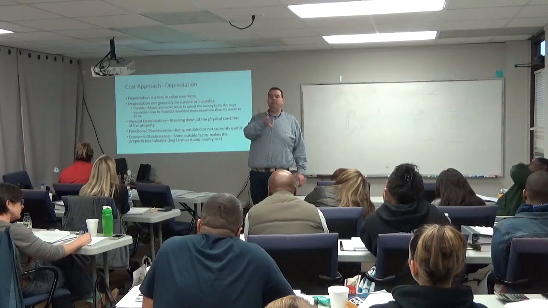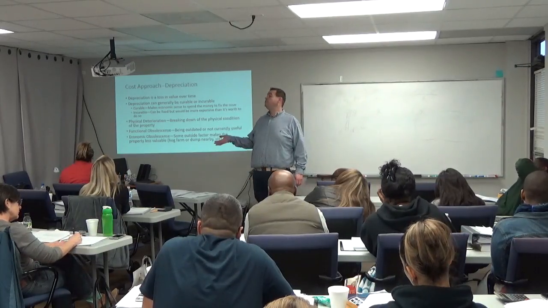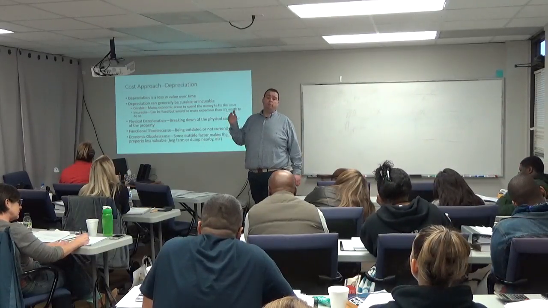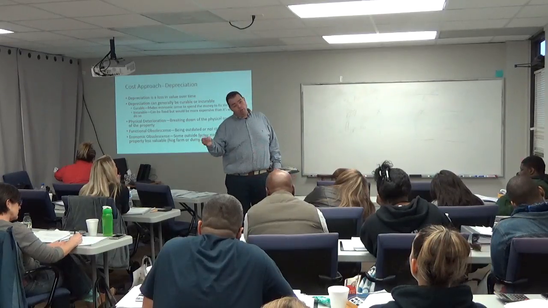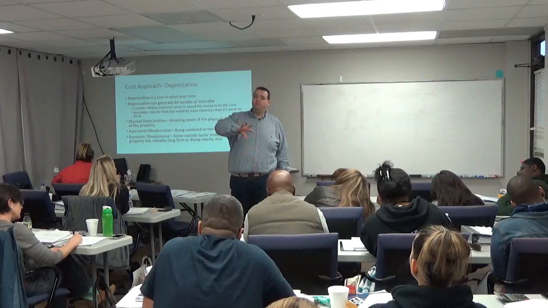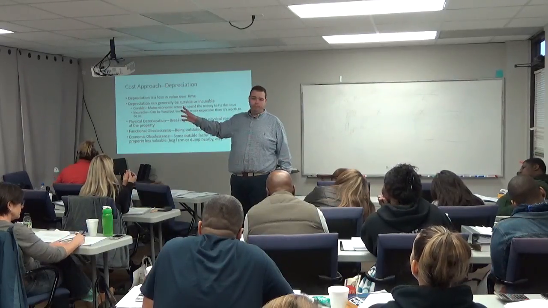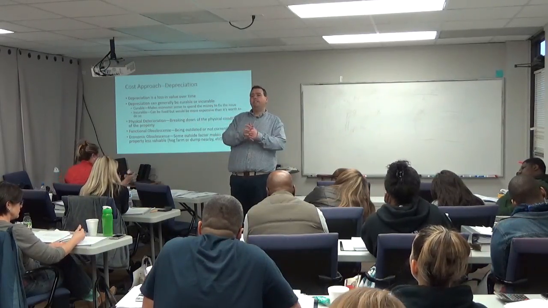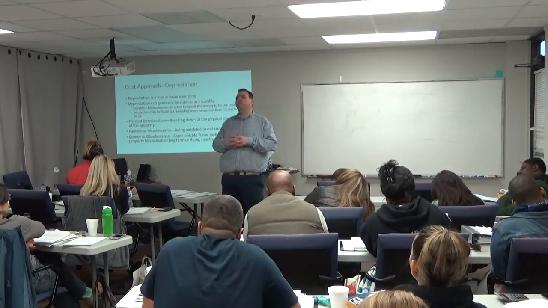So let's talk about functional obsolescence. Functional obsolescence is when the property itself is no longer desirable because of some feature on the property. So give me an example of a functional obsolescence maybe for an office building.